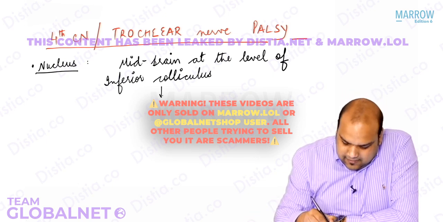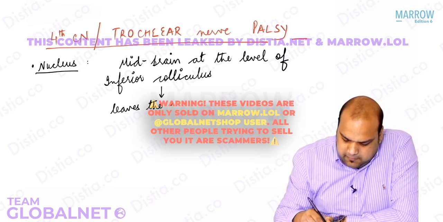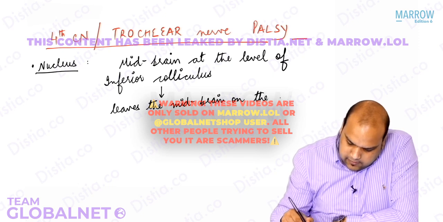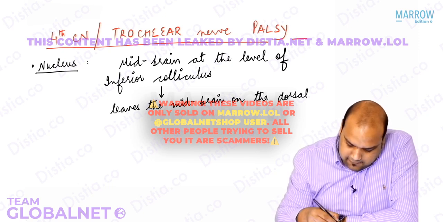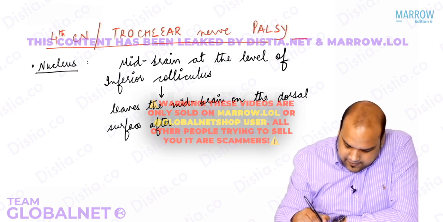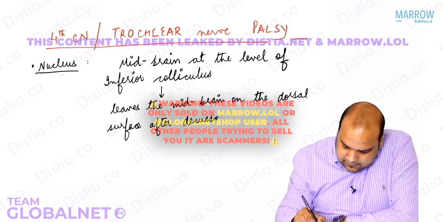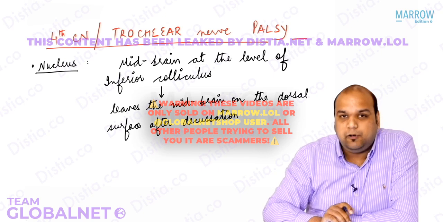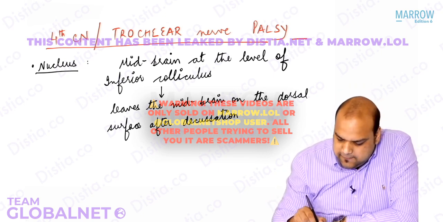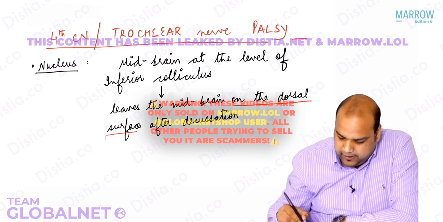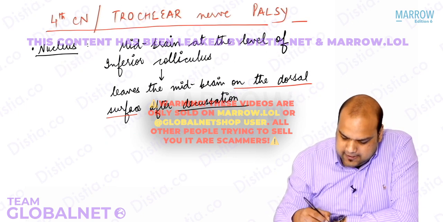Yes? Then, it leaves the midbrain on the dorsal surface after decussation, internal decussation of nerve fibers. Yes? So it leaves the midbrain on the dorsal surface. This is the only nerve which leaves the brainstem on the dorsal surface, everybody. That's why this is an important anatomical point. And it shows internal decussation.